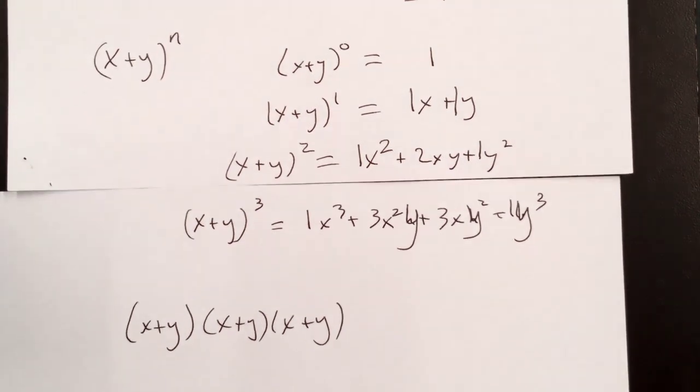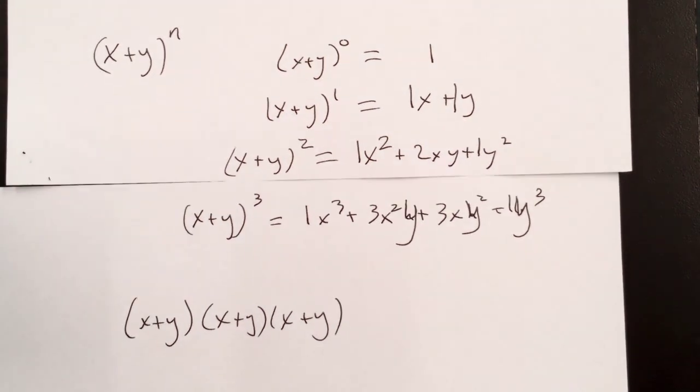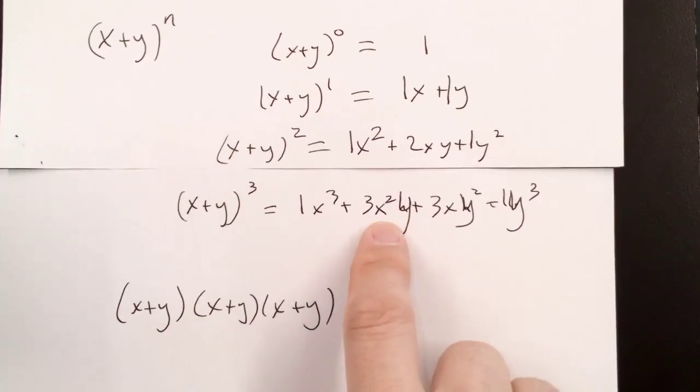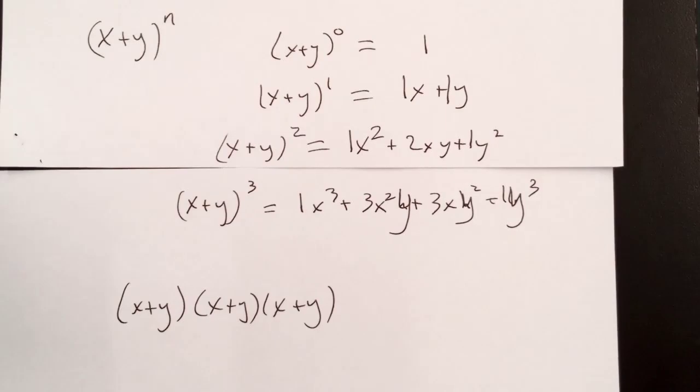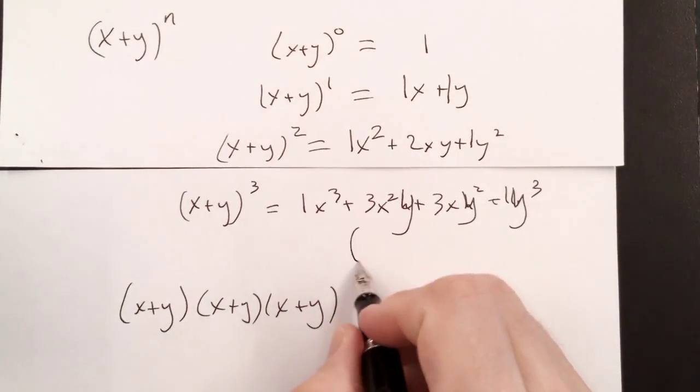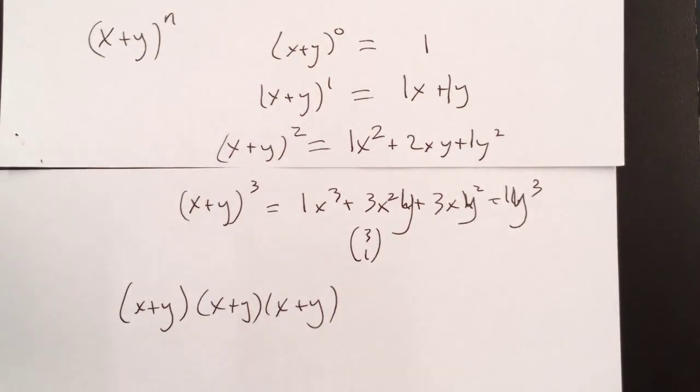How many ways can you select one of those to be a y? Out of 3, you're choosing 1. One of them will be a y, the other 2 will be x's. So the way to get this number in front here is to do 3 choose 1.